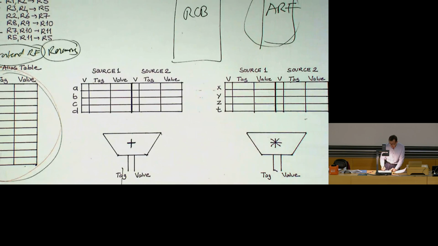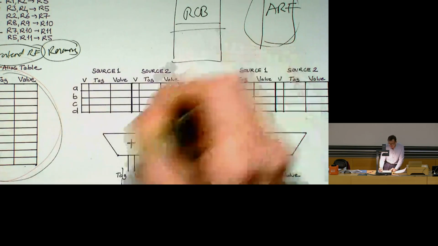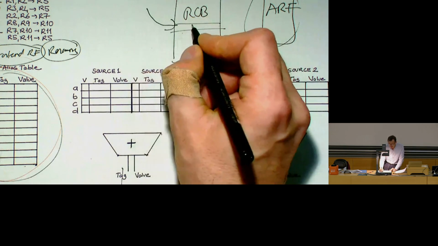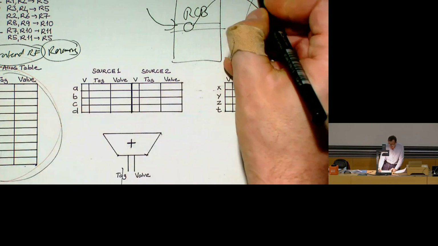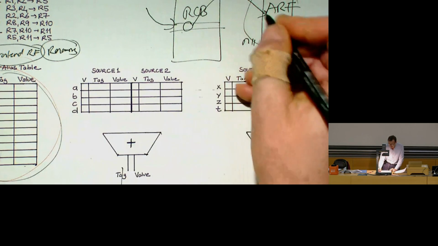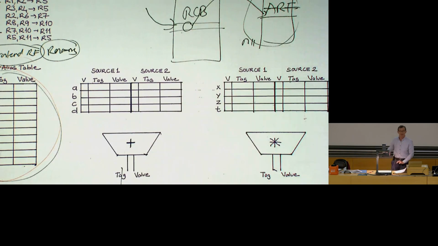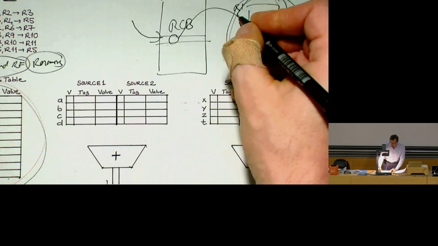When an instruction finishes, it writes its value over here and also to the reorder buffer. And when the instruction becomes the oldest in the machine, you take the value and update the architectural register file. So the architectural register file is again R1 through R11 over here, but you update it when the instruction actually finishes, in sequential order. Now the correct programmer-visible state is over here.